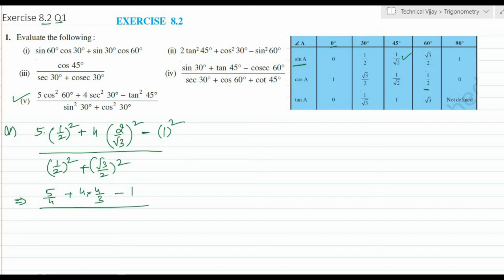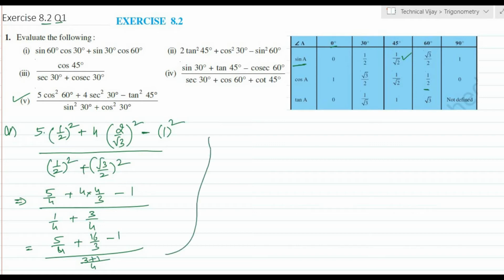So whole divided by, so here 1 by 4 plus √3 square means 3 divided by 4. Okay, so this will be equal to 5 by 4 plus 16 by 3 minus 1 divided by here 4, this is 3 plus 1.